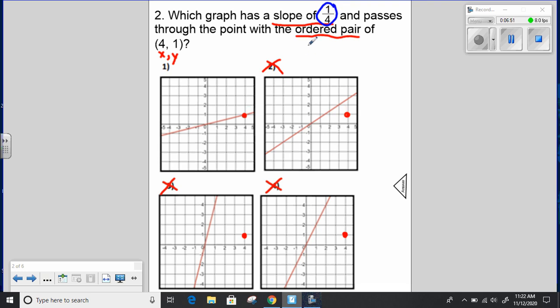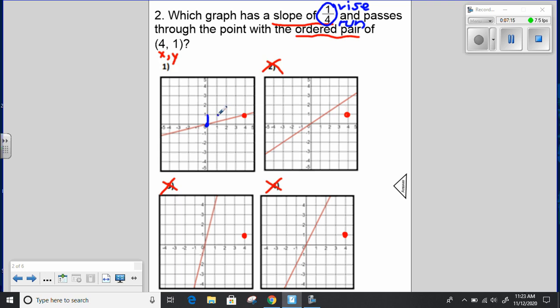Remember, slope means rise over run. So 1 is our rise, and 4 is our run. So we want to start at the origin, and we want to count our distance from this point to this point. We want to make sure we rise 1, so we go up 1, and that we run, or move, right 4.